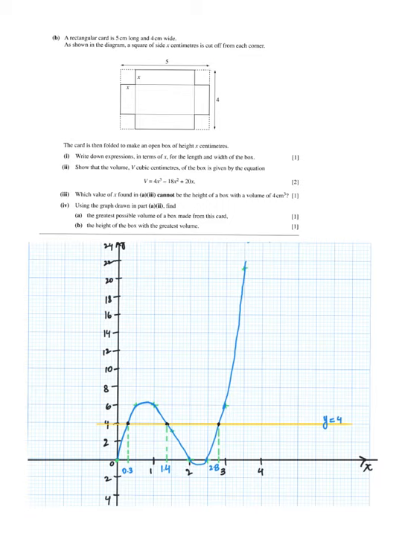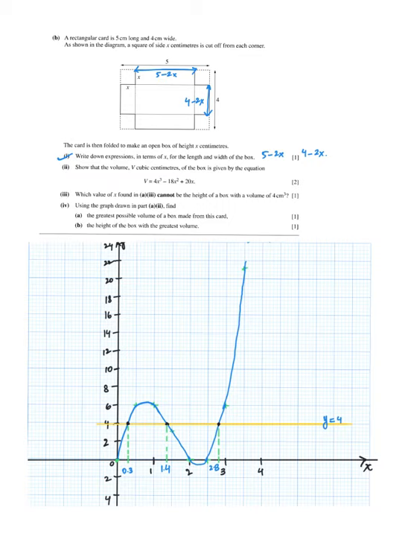So the leftover length will be 5 minus 2x, and similarly this width is 4 minus 2x. So that is your first part answer. It's 5 minus 2x and 4 minus 2x.